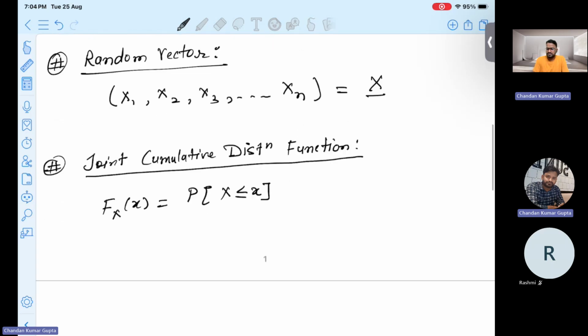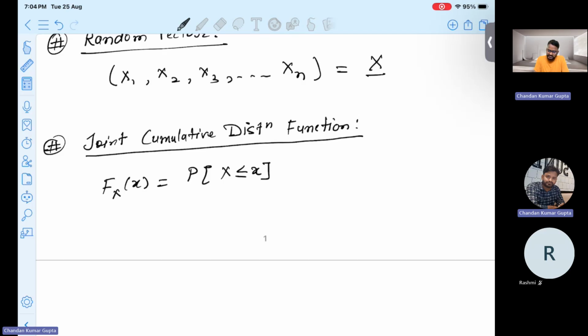In the same manner, in the bivariate case, we have two random variables, suppose X and Y, and we can define it as the probability that X is less than or equal to x and Y is less than or equal to y. Small x and y are the sample values, and capital X and Y are the random variables. So this is the definition of the joint cumulative distribution function.